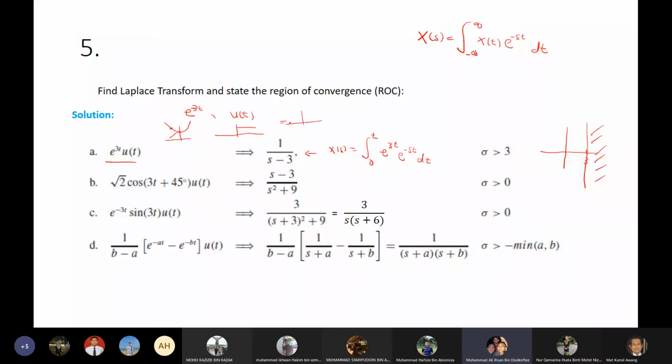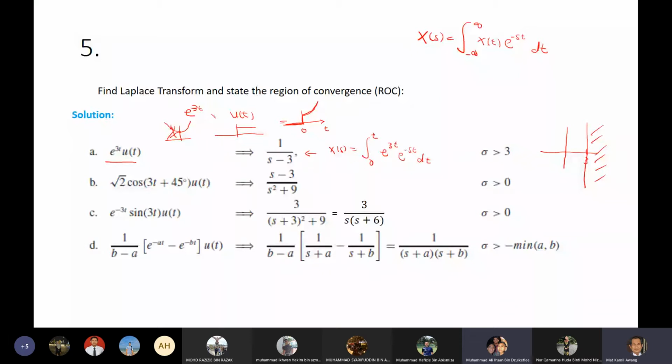Convolve. This part, right? So you get this, so that is the function of u of t. It's just to cut off this part. So your integration basically is from 0 to infinity, because the negative part is 0.